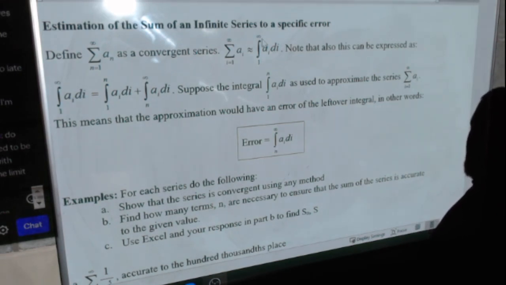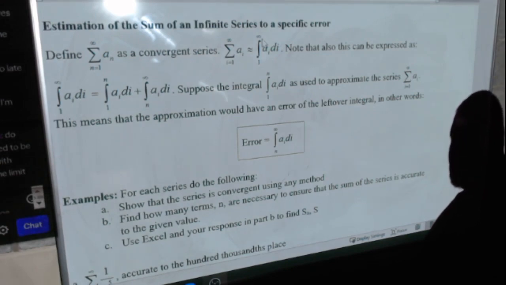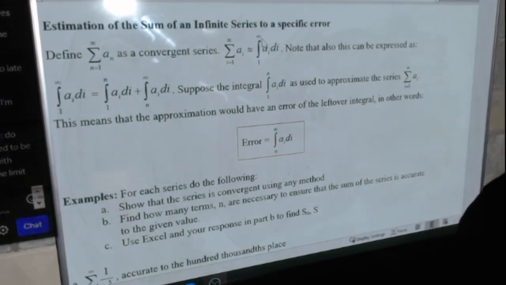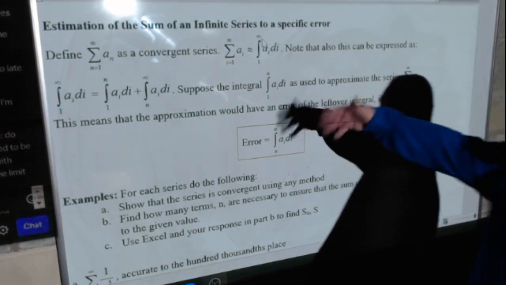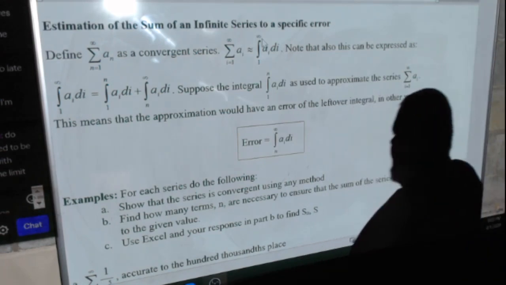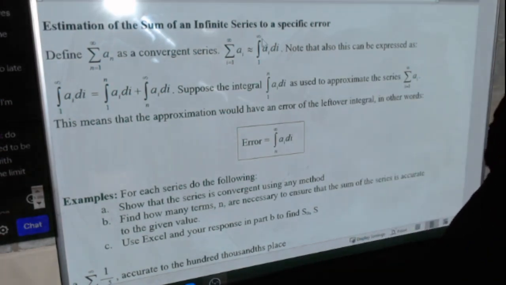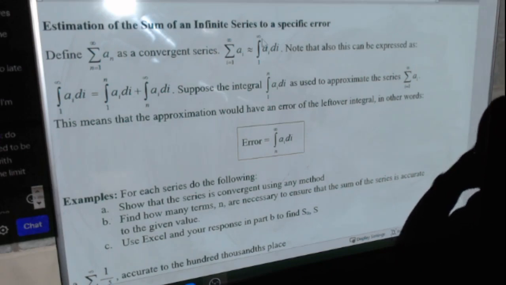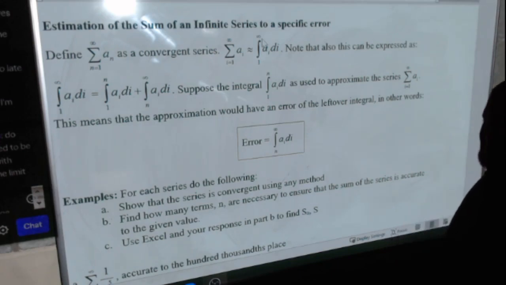So this is good if you are using a summation and you really only have to be accurate to so many decimal places. So then you can say, okay, I only need to take 10 terms instead of an infinite amount of terms to get the thing that I want. So to do these, it says first show that the series is convergent using any method.